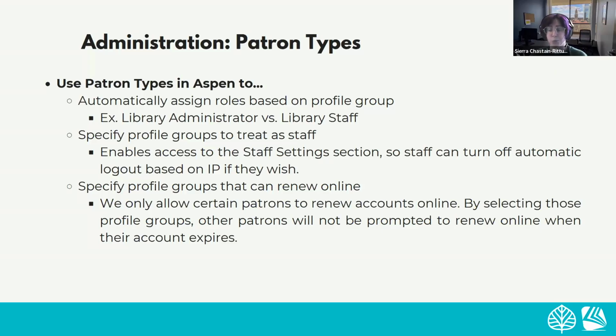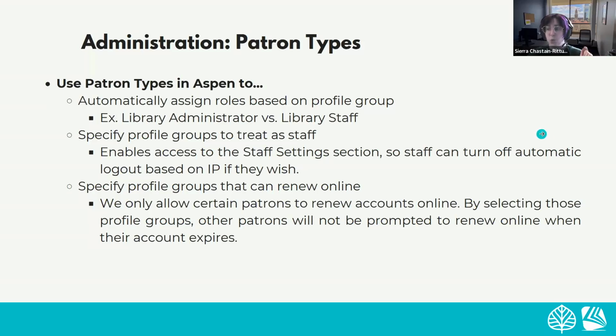We have a special profile group that we created called Aspen Administrator in Evergreen. And so we set it up in Aspen so that the Aspen Administrator profile group will automatically assign the library administrator permission roles. So when we create an account in Evergreen, we don't have to worry about going into Aspen and adding those permissions because the profile group determines what permissions are going to be added.